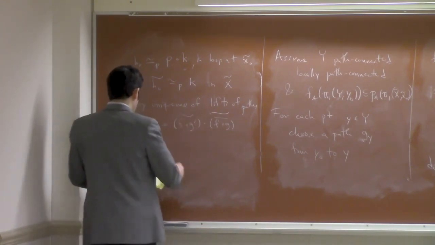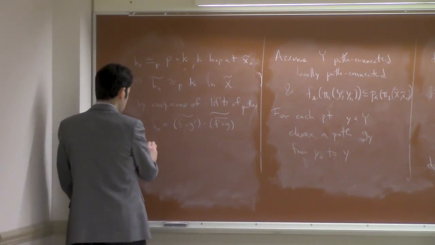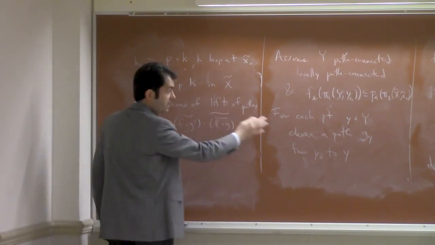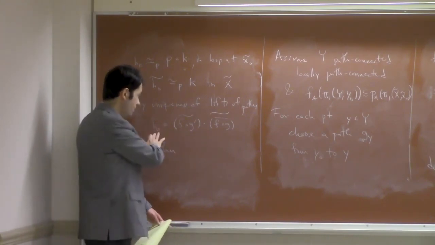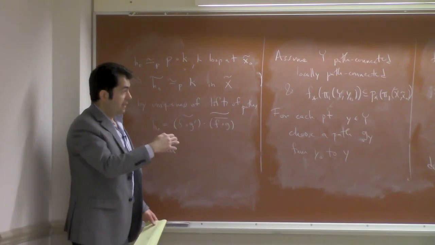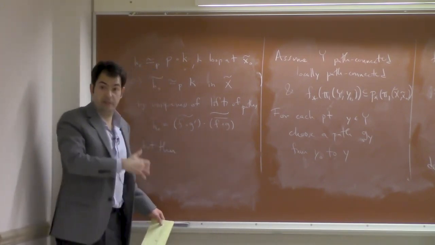But in particular, this means that if you like, think of taking the first half of H naught and then lifting that, and similarly with lifting the second half of H naught and lifting that.